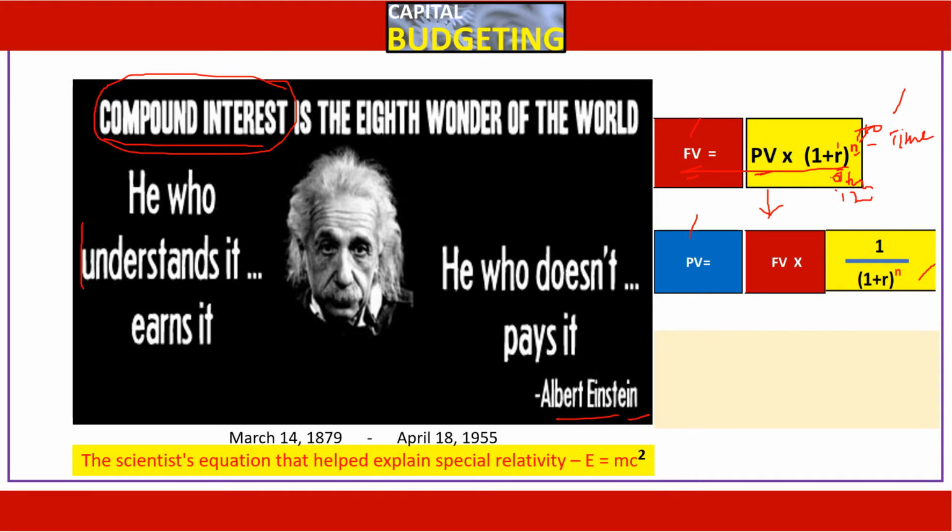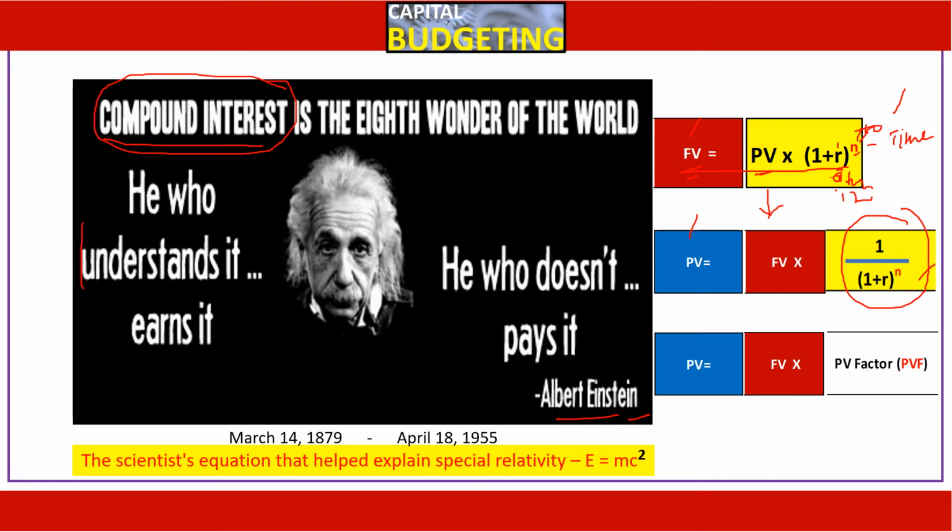And this 1 by 1 plus r to the power of n is also called PV factor. Sometimes in your exams, you will be given the PV factor. When it is given, you can just replace it, and then PV becomes FV into PV factor.